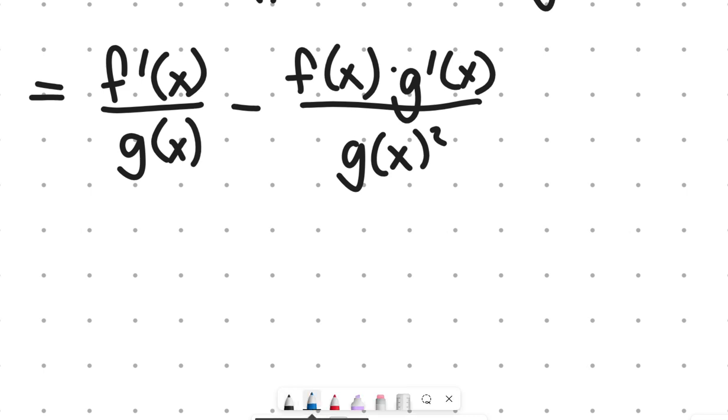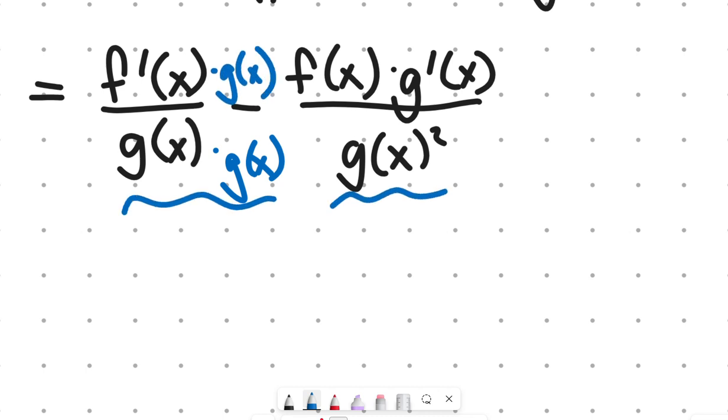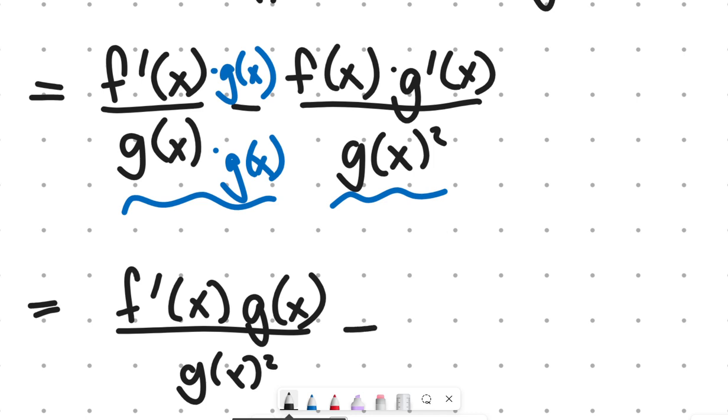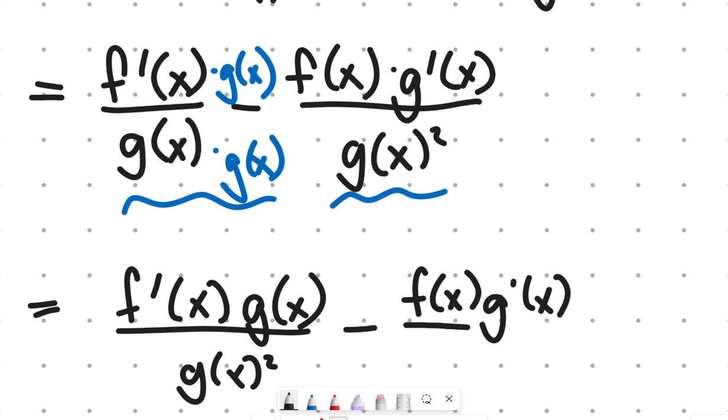We are going to simplify it by getting the same denominator on both sides. So we'll multiply here by g of x and multiply here by g of x, so that we'll get g of x squared, and over here we also have g of x squared. So over here we'll have f prime of x times g of x over g of x squared minus f of x times g prime of x over g of x squared.